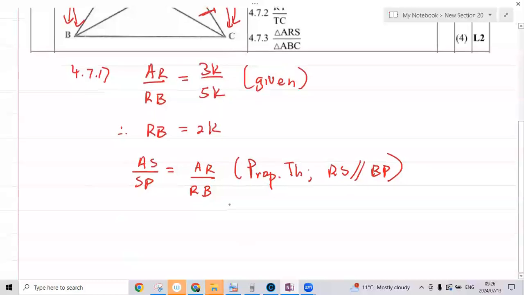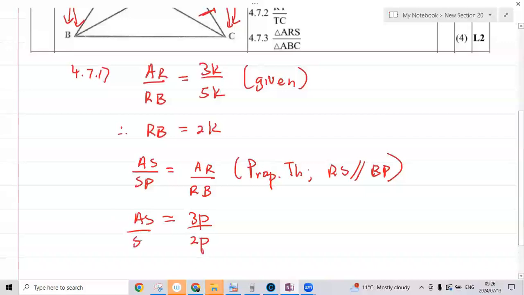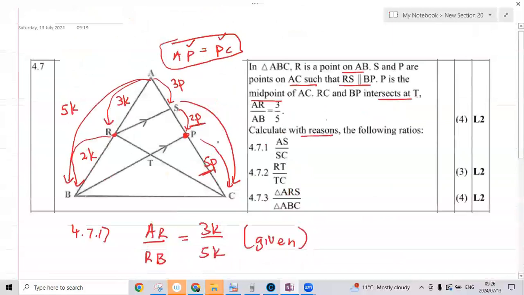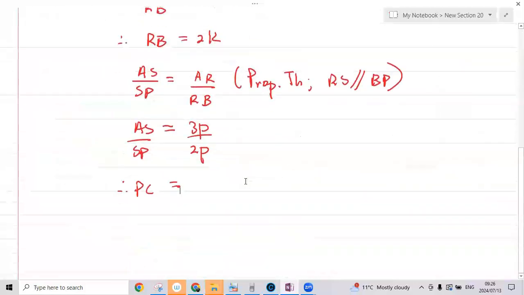So let's write that down. What did we call AS over SP? We called it 3P over 2P. So we know that AS over SP is 3P over 2P. And then we said, therefore, PC is going to be 5P because we were given that P is the midpoint of AC.